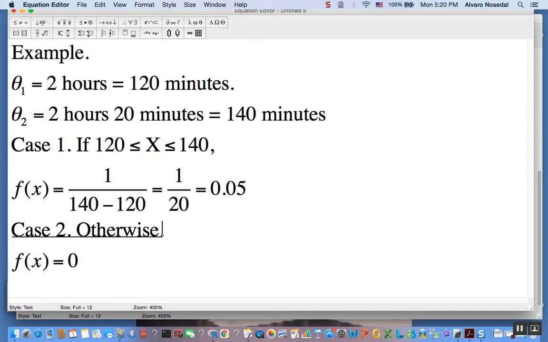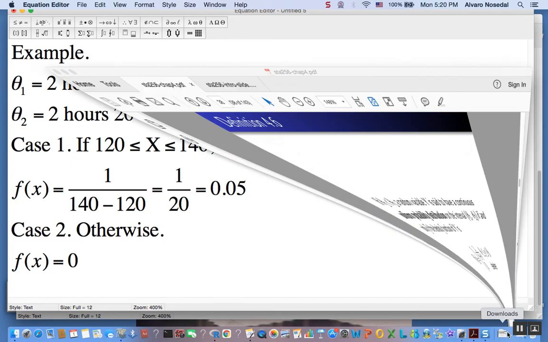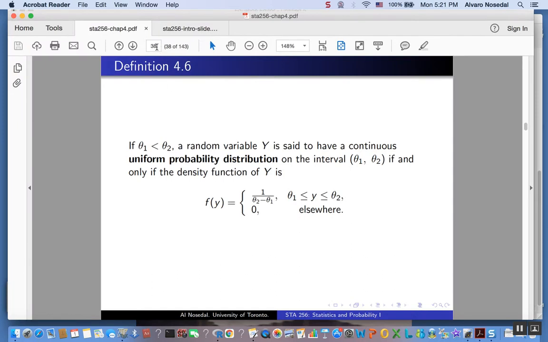Are we good? Okay, so clearly, again, this would be a flat, horizontal line with height 1 over 20 between 120 and 140. Okay, makes sense? So now let me show you a graphical representation of that.